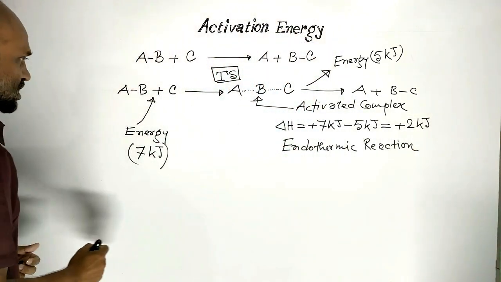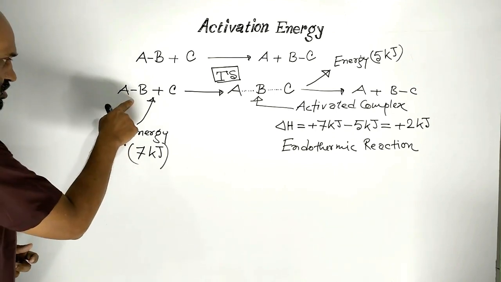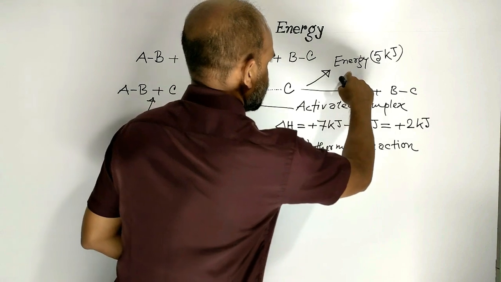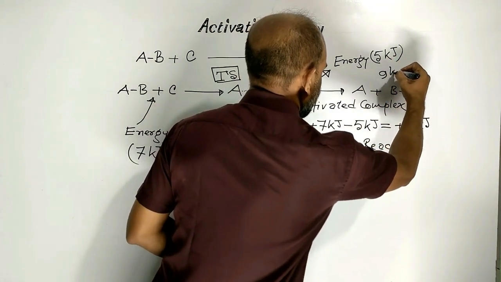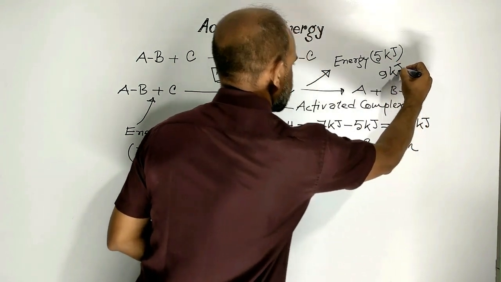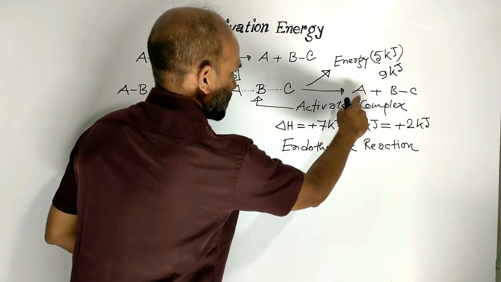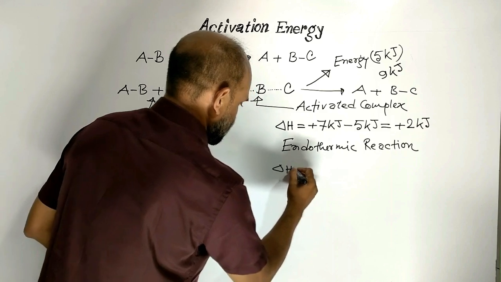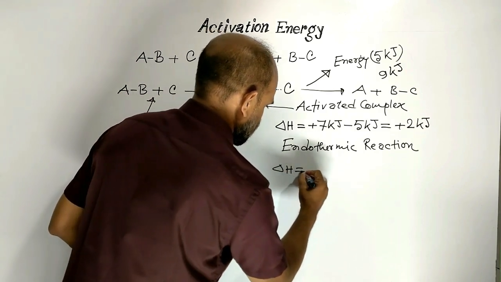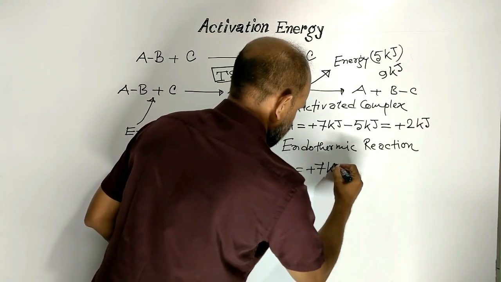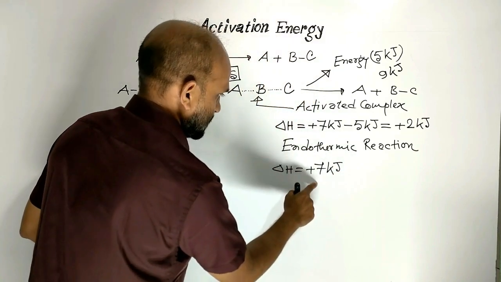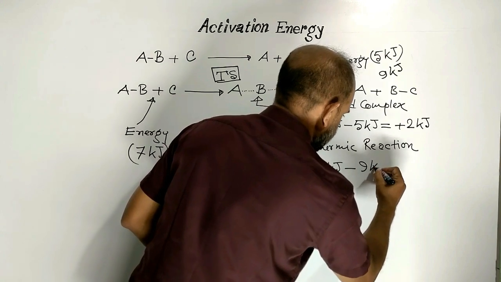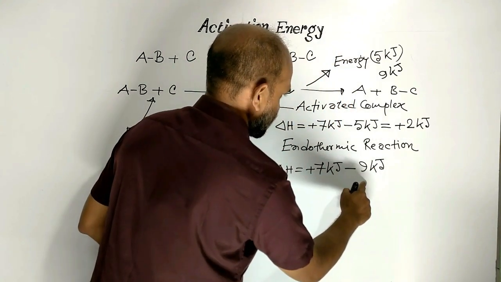But suppose this reaction absorbs 7 kilojoule heat and it releases suppose 9 kilojoule heat with the formation of the products. Then here the reaction absorbs 7 kilojoule heat, but it releases 9 kilojoule heat.